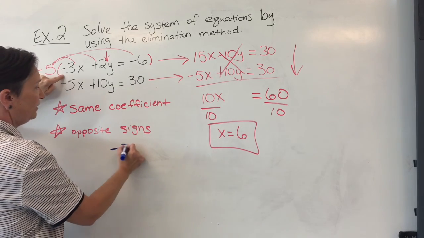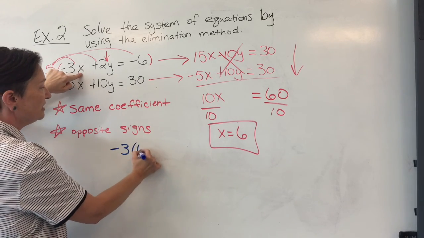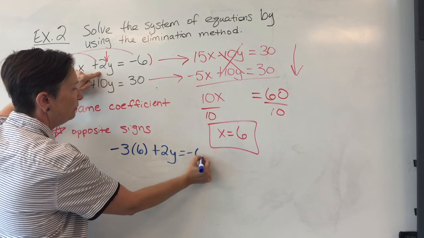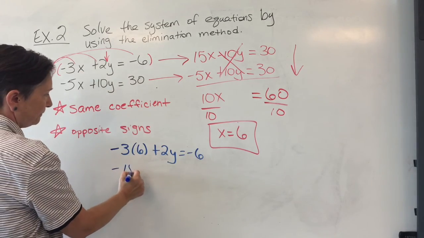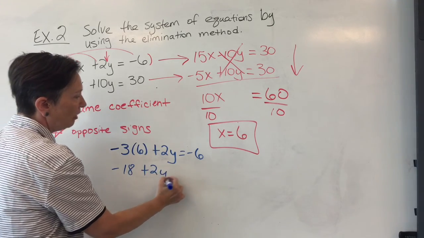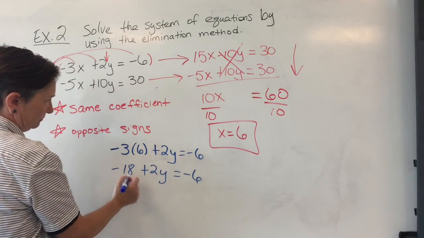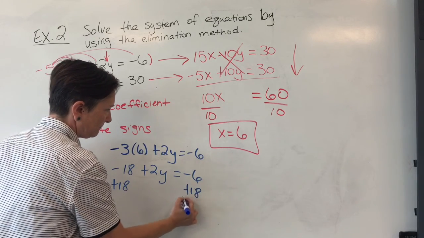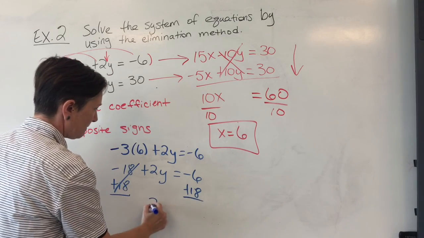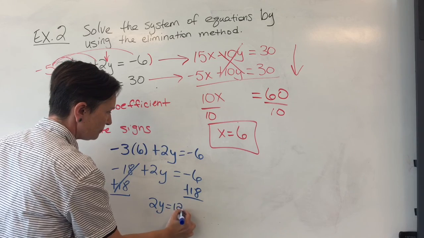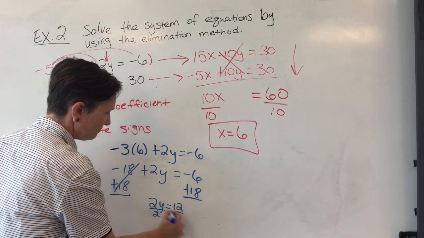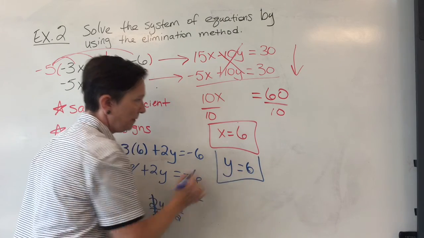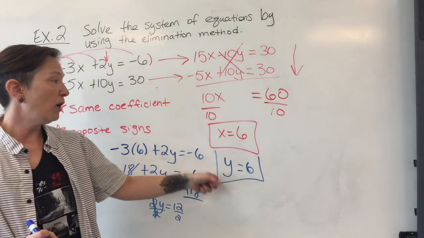So I've got negative 3, x is now 6, plus 2y equals negative 6. So let me solve this equation. So I get an answer of y equals 6.